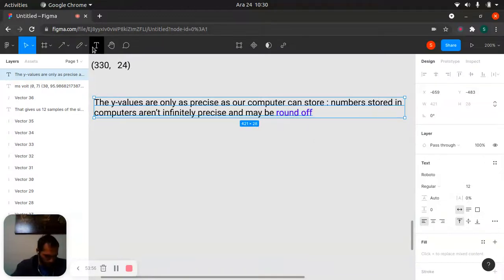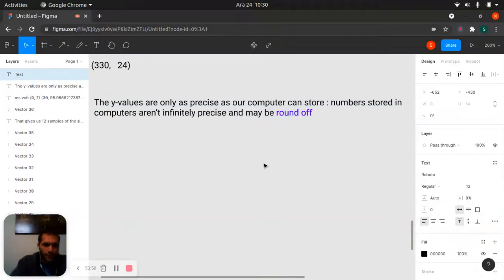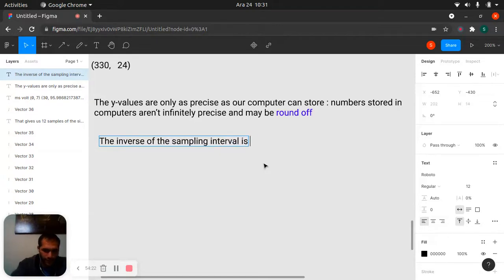Okay, let's say here the values, no, the inverse of the sampling interval is the sampling rate, again an important place.